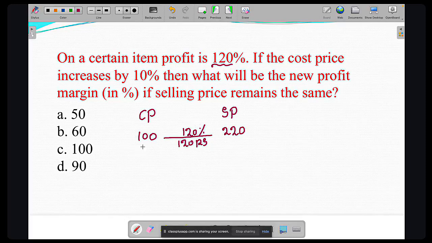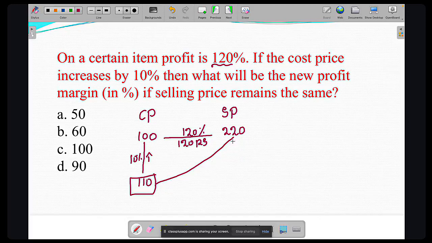Now my cost price, instead of 100, increased by 10%. That means the new cost price is 110 rupees. Now what will be the profit? I'm selling at 220 only. So cost price is 110, selling price is 220.